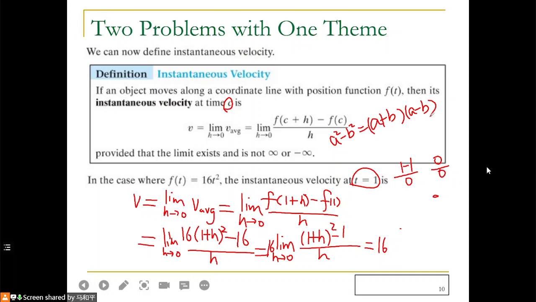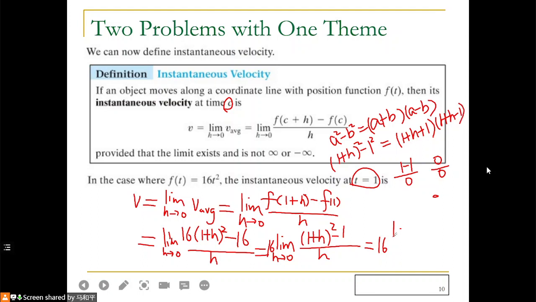So here we have (1 plus h) squared minus 1. We can write 1 as 1 squared, right? So it's equal to a plus b, which is 1 plus h plus 1, times a minus b, which is 1 plus h minus 1, right?